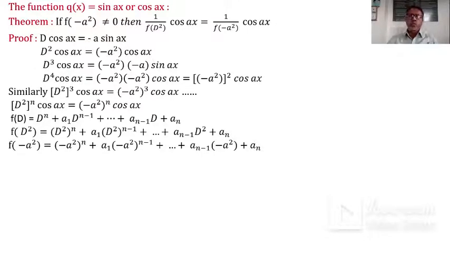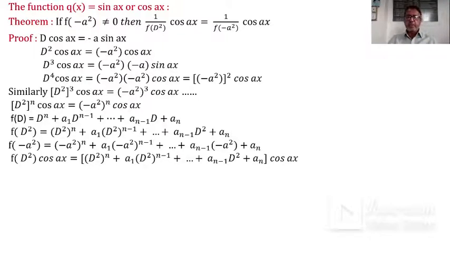Now we operate f of D square on cos ax. F of D square operating on cos ax is equal to, substituting this value, in the square bracket, D square to the power n plus a1 D square to the power n minus 1 plus and so on, plus a n minus 1 D square plus a n, operating on cos ax.